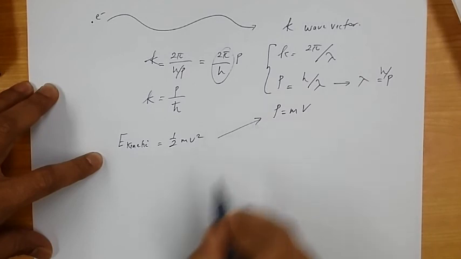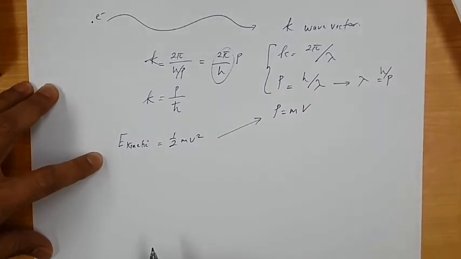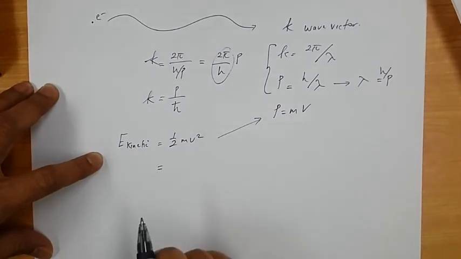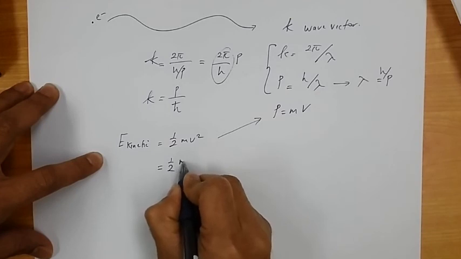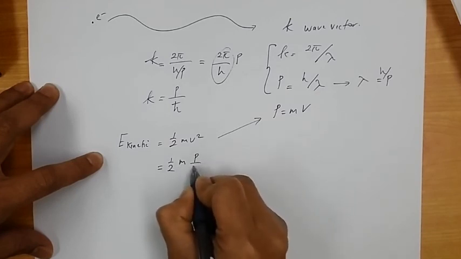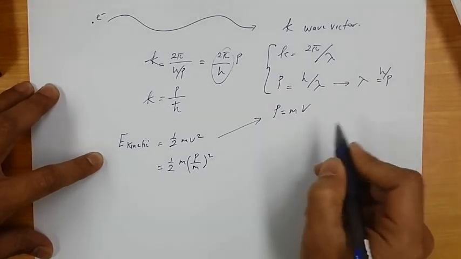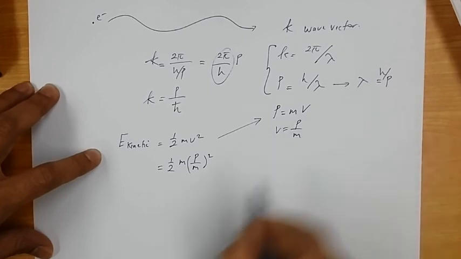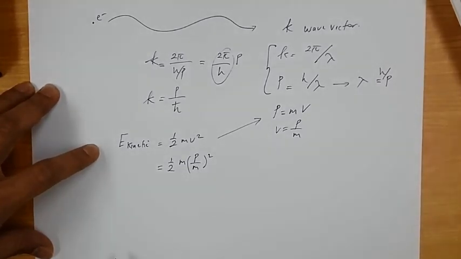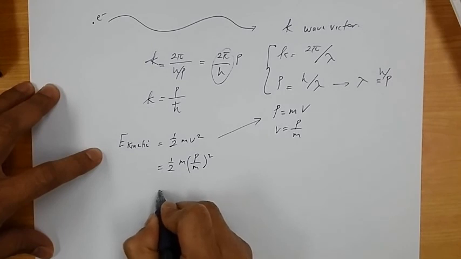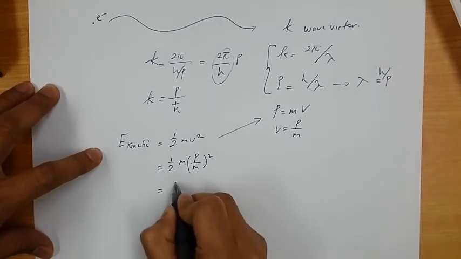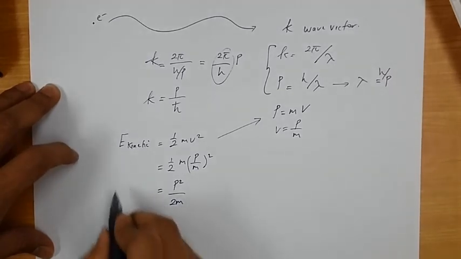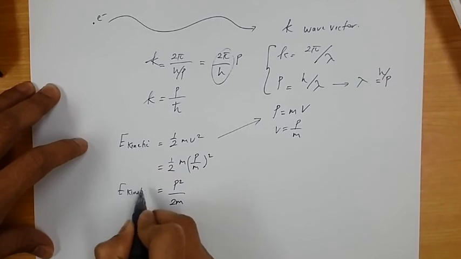Considering that momentum is equal to m times v, I can substitute this with momentum, because v is equal to p over m. Substituting v here, this becomes p² over 2m, the kinetic energy of a moving electron.